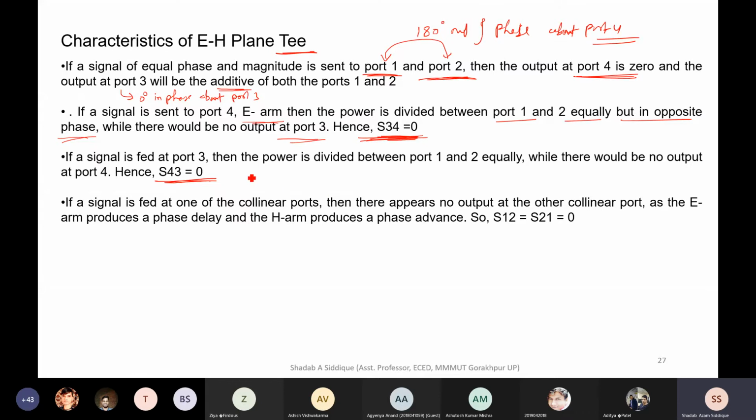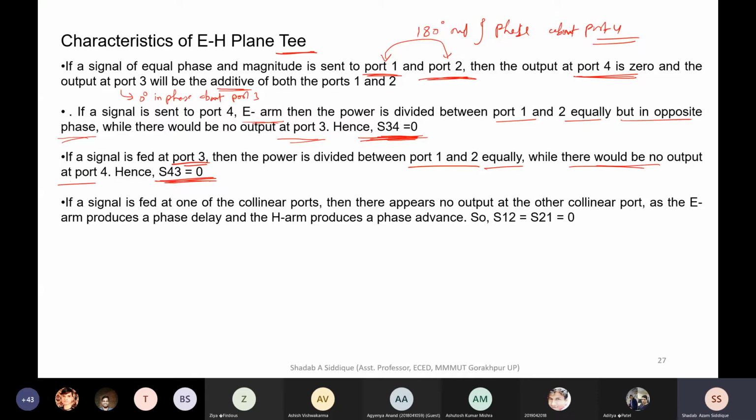Okay, so if a signal is fed at port 3, that will be divided between port 1 and port 2 equally, and they will be in phase, while there will be no output at port 4. Hence S43 is equal to 0. I told you, this is Sij, so this will be input and this will be output. So you're applying input at port 3 and taking output at port 4, so this will be 0.